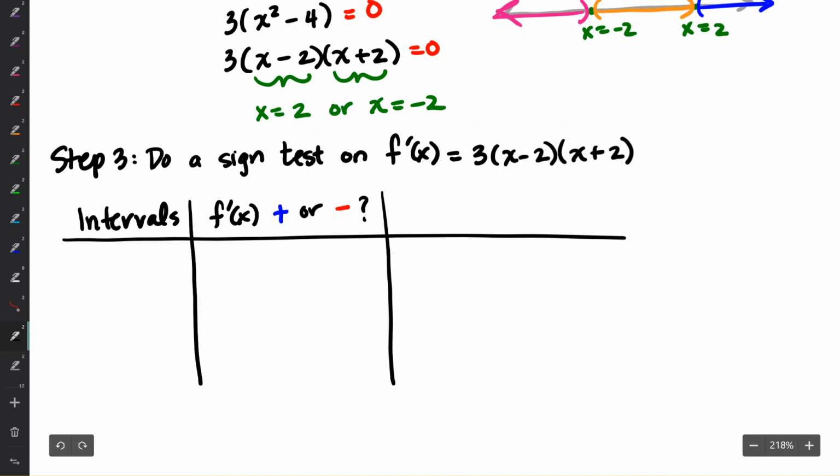And then that's going to tell me if the function f is either increasing or decreasing.